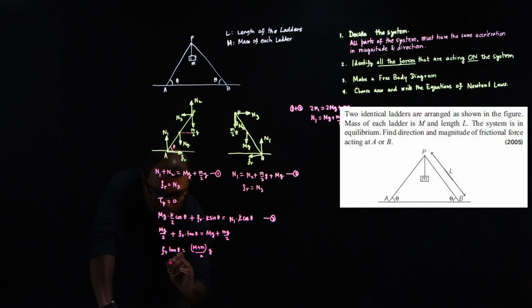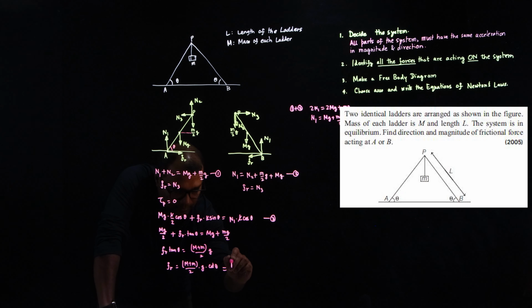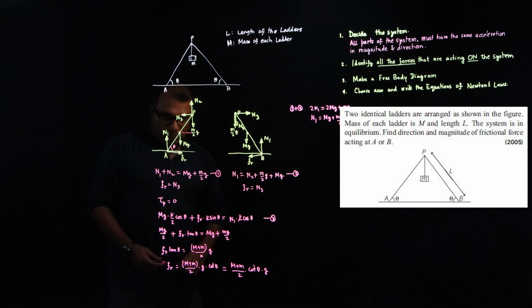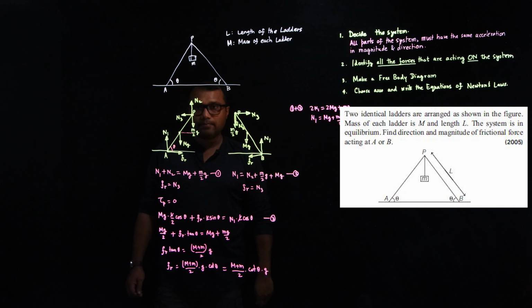So Fr then becomes (m plus m by 2)g cot theta. We should have written in proper notation (m plus m by 2) cot theta times g. Okay, so that is our answer.